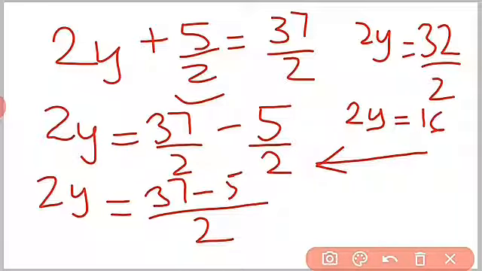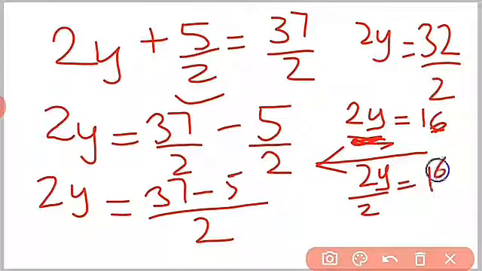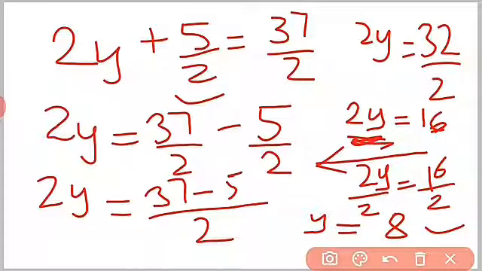So this is the new equation. Now we have to separate this variable. We will divide the equation by 2. So 2y by 2 is equal to 16 by 2. So what do we get? y is equal to 8. So this is the solution to this equation.